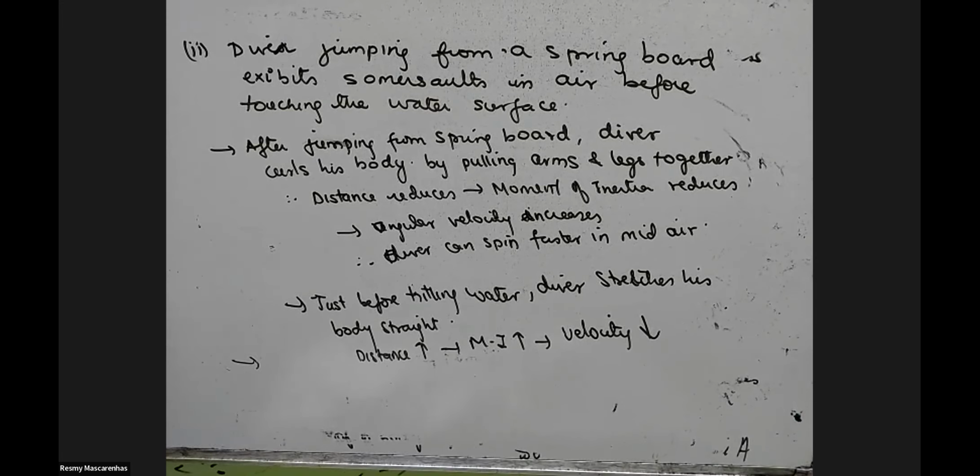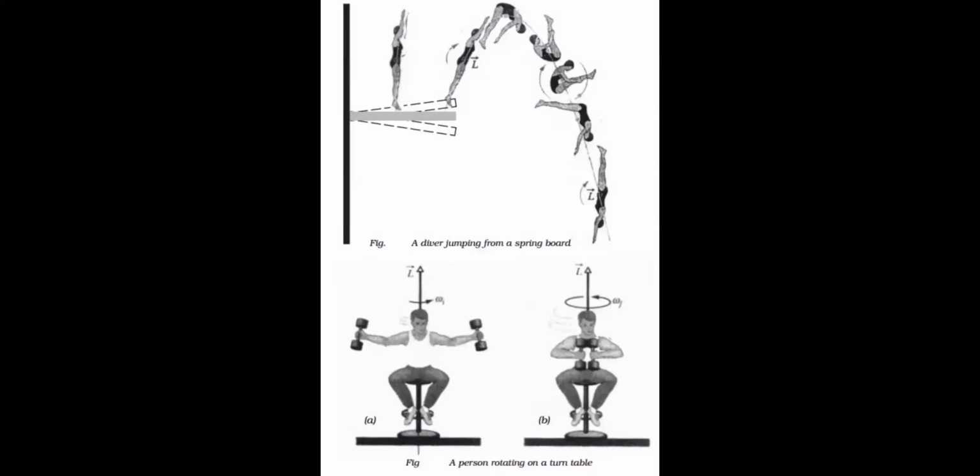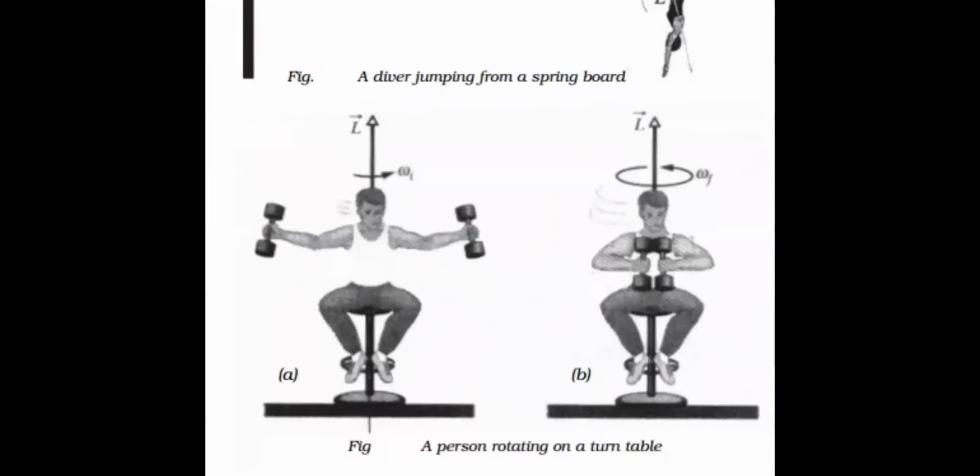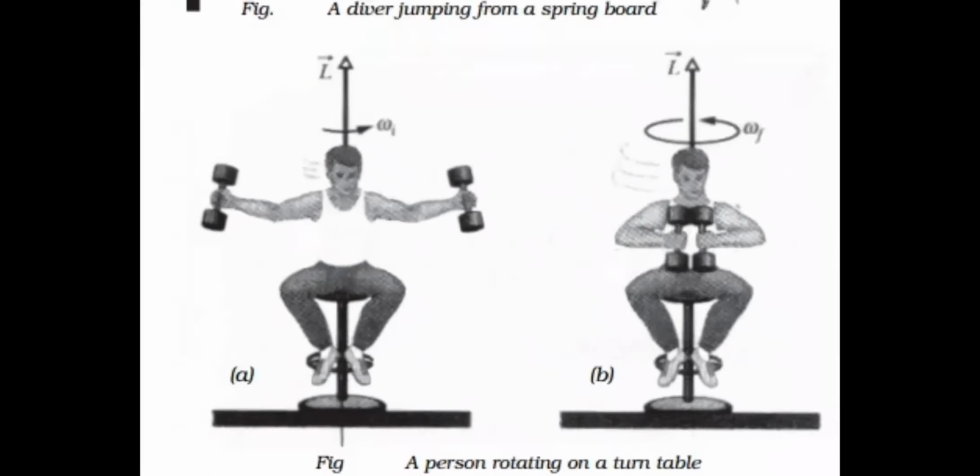Next application. When a person is rotating on a turntable, when you must have seen these dancers, and if they want to spin on a table, they can always change the speed.